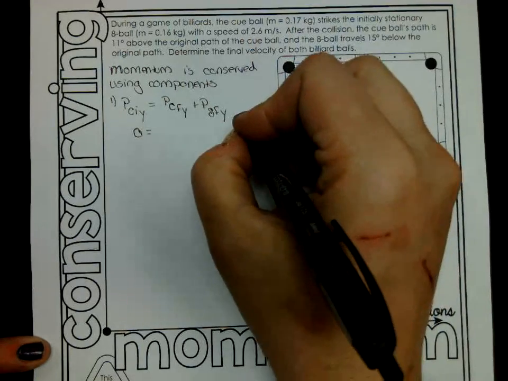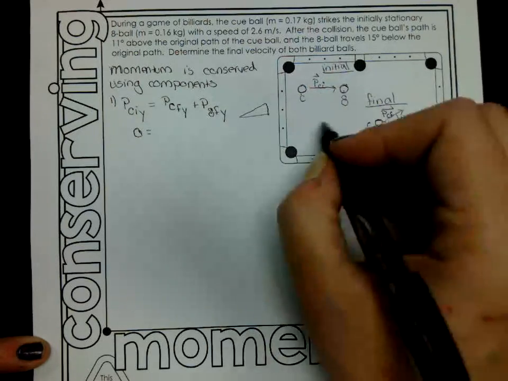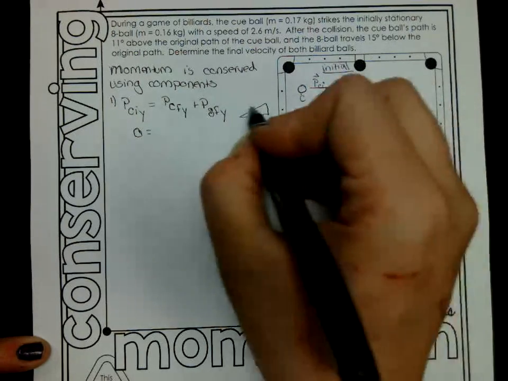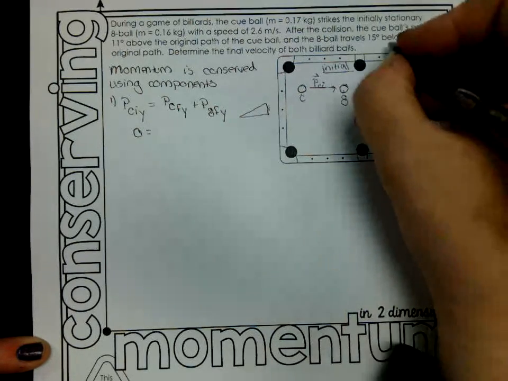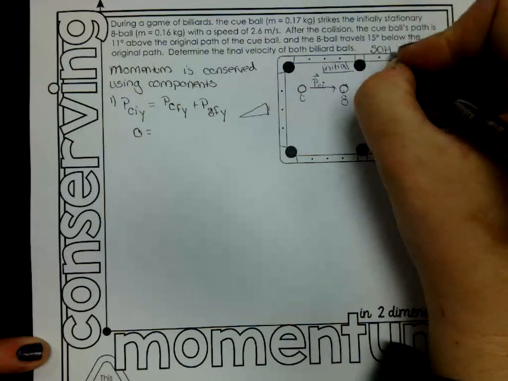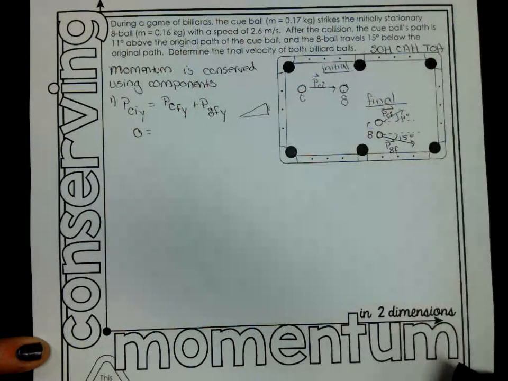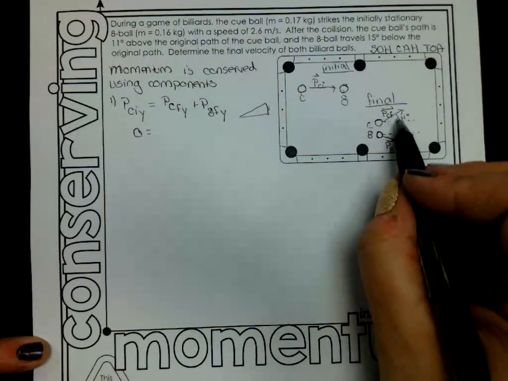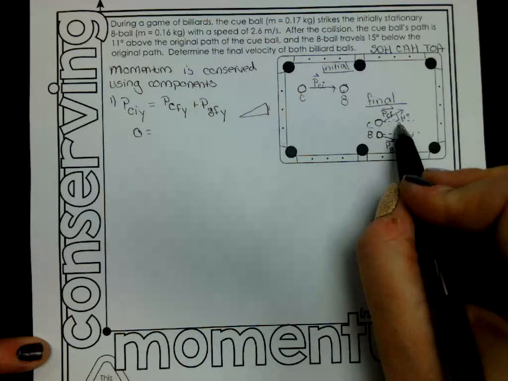We're going to break both of these down into components. So when we break it down into components, remember we make our right triangles, and we're looking for y. So we're looking for this on both of them. If you remember, hopefully we have SOHCAHTOA. So the sine of this angle is the opposite over the hypotenuse.